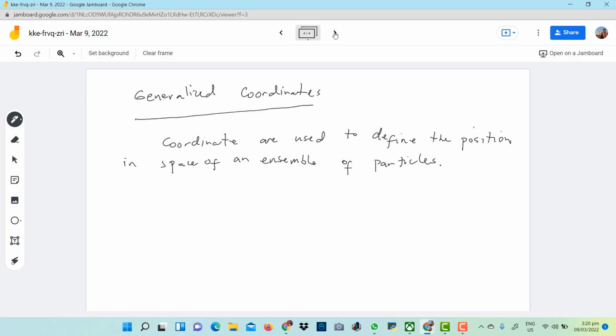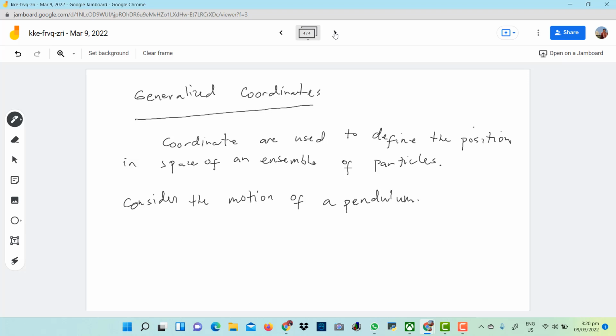Okay? Say for example, a pendulum. Consider the motion of a pendulum. The simplest system is a pendulum. So this pendulum is a particle, the motion of a pendulum.